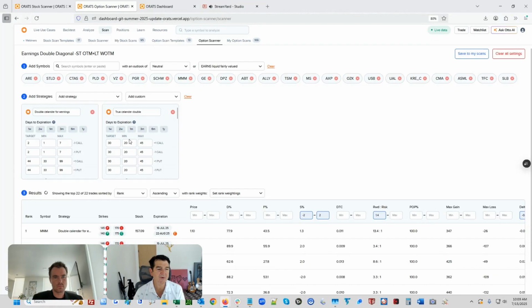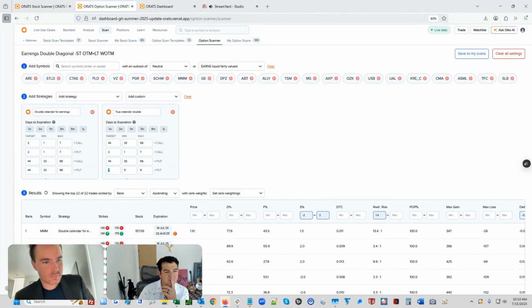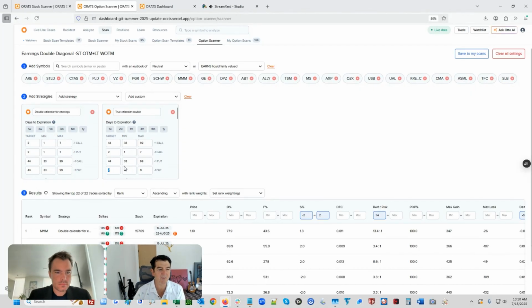All right, so that's the name of this one. We want to make it short term. So the call that we buy, we'll keep it the same, 44, and we'll go 33 to 99 since I'm lazy. The front month will still be 2 between 1 and 7, so that's 1 week. The long put will be the same, 33 and 99, and then the short will be 2, 1, 7.